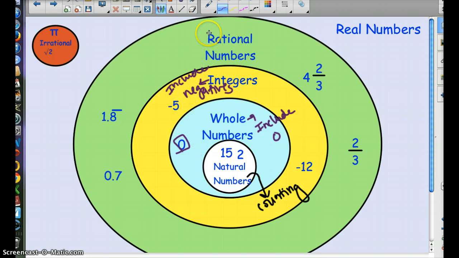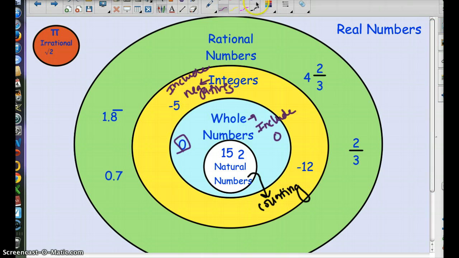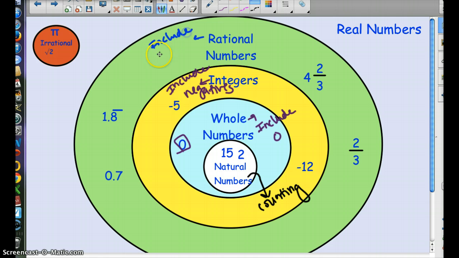Now we're going to fill in the gaps with our rational numbers. The rational numbers are going to include your fractions or your decimals, filling in all those other spaces. Fractions and decimals. And all of these are classified as real numbers.